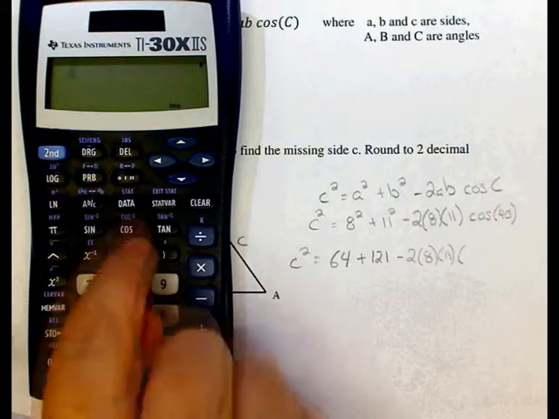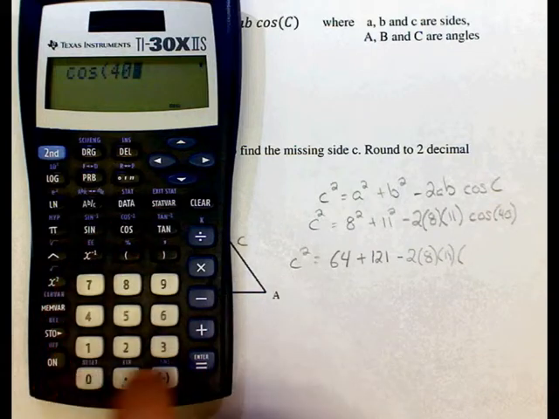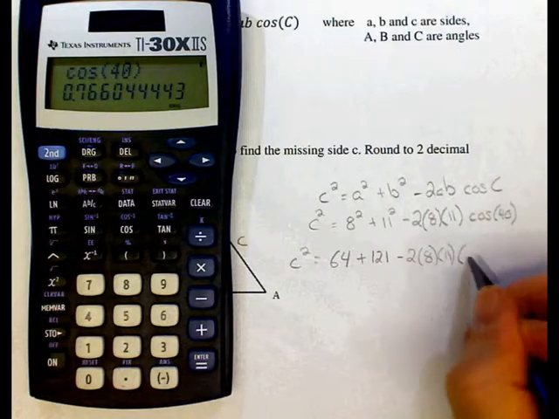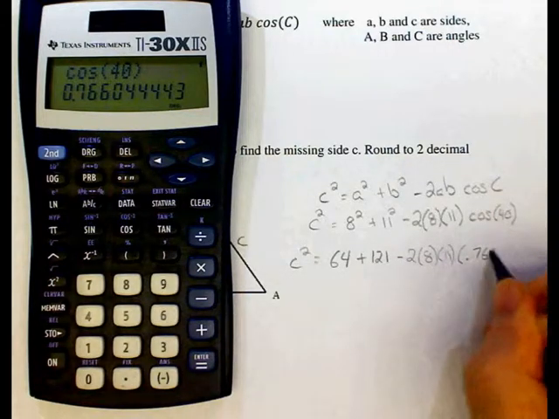Let's go to the calculator. Cos 40, 0.7660.